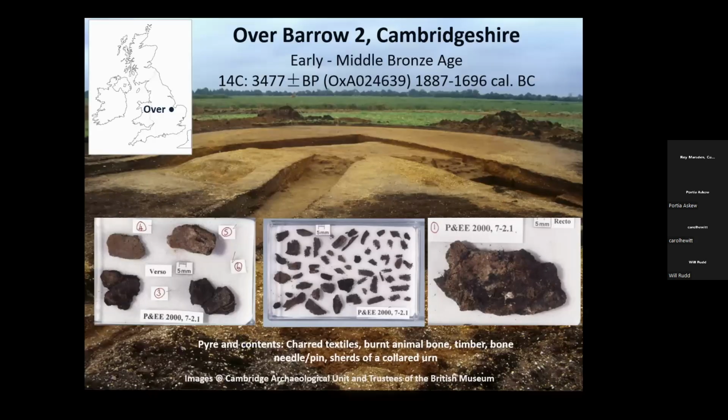If we then move over to the east of the country, to Cambridgeshire, there's another early Bronze Age burial that has something else rather interesting going on. And this is the Barrow at Over. These funny brownish black objects that you see in the image on top of the barrow during excavation are the preserved textiles.